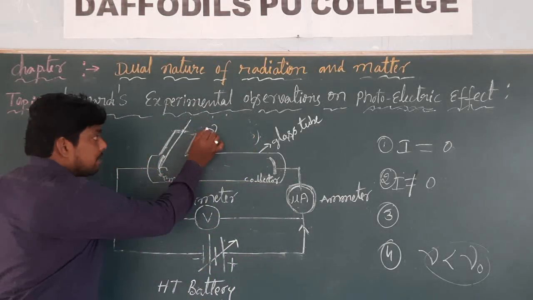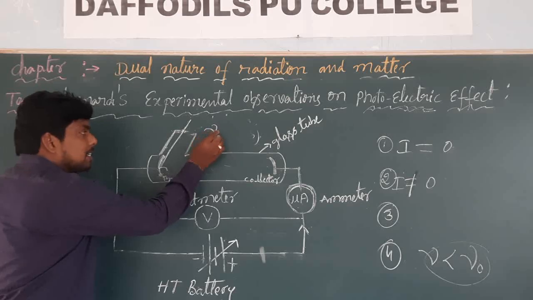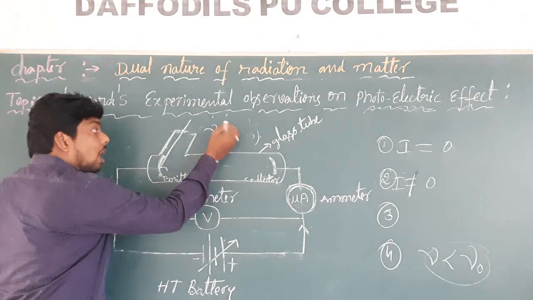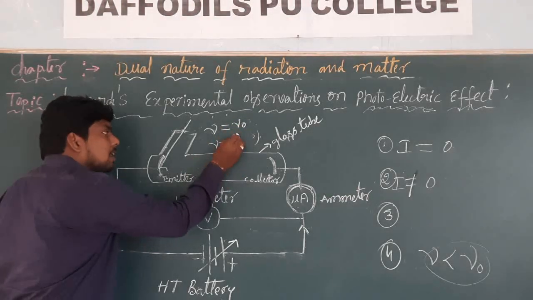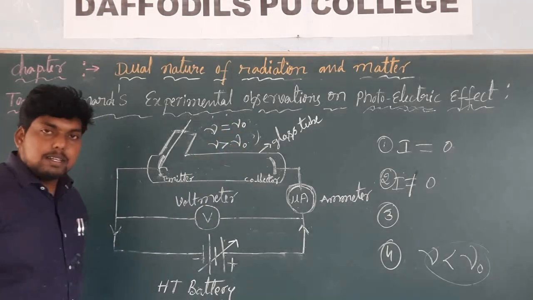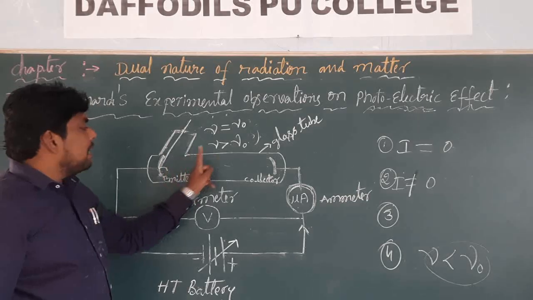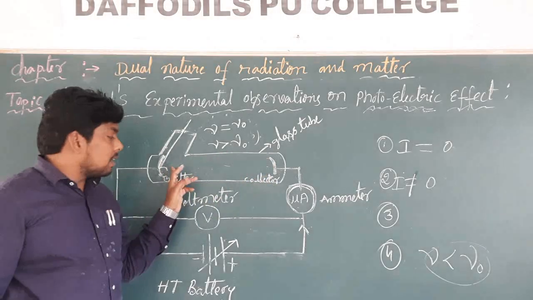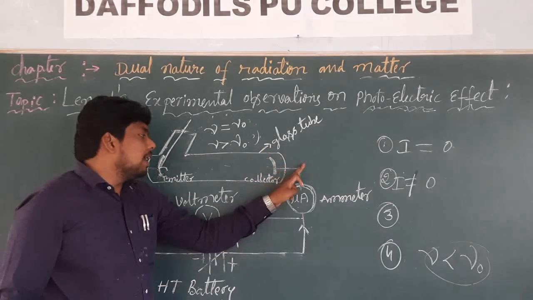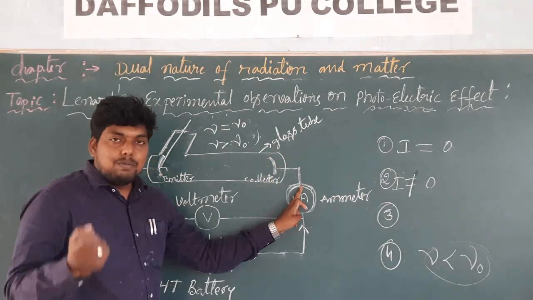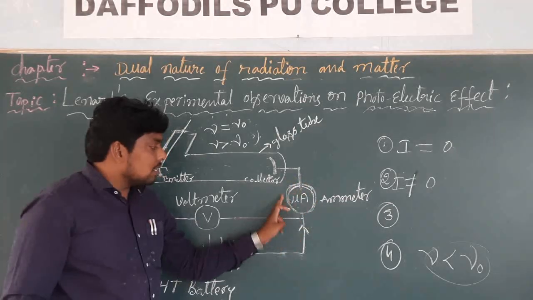The frequency of incident radiation must be equal to or greater than the threshold frequency. Then only there will be emission of free electrons from the metal surface, and they will be received by the collector, and the flow of current will be indicated by the ammeter.